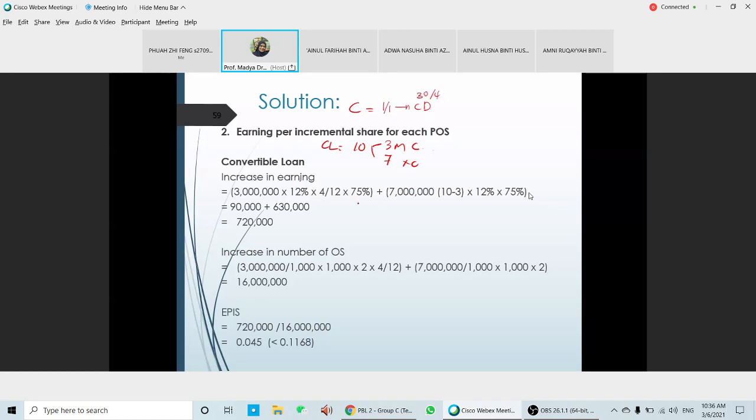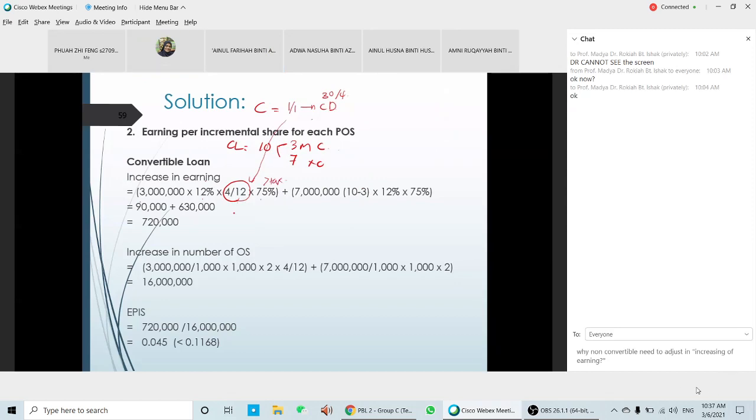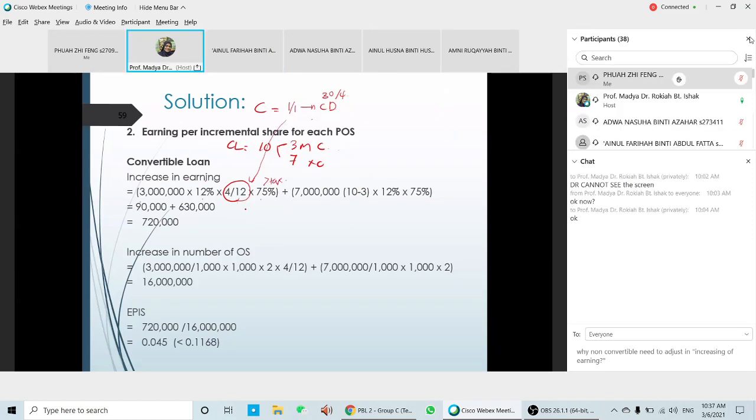So you're going to have 4 over 12. 12%, 3 is the one that you convert, times the interest rate of 12%, and then 4 over 12 here is the proportionate date, and then 75% here is the after tax. Okay, this is the component of convert.